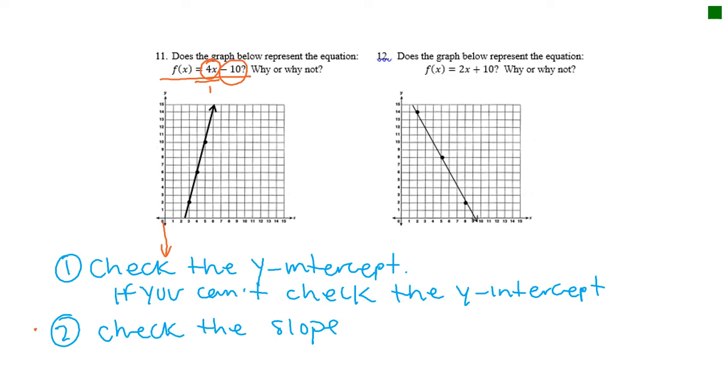From the point that they give me, I'm going to move up 4 because it's positive, and over to the right 1 because it's positive. Let's see if that's true. 1, 2, 3, 4 and over 1. That is true. What about the next point? 1, 2, 3, 4 and over 1. That is true. So I found that the slope is right.